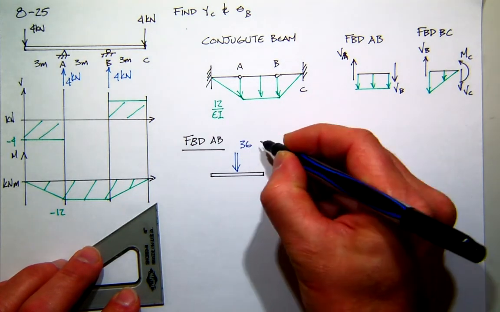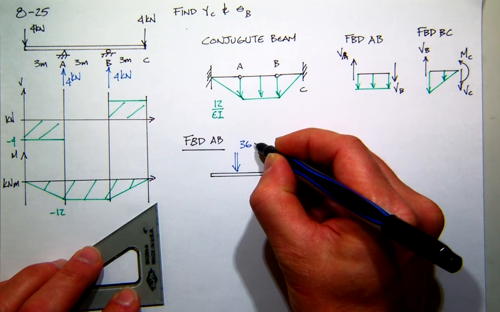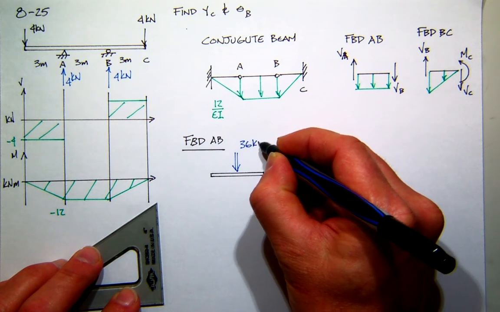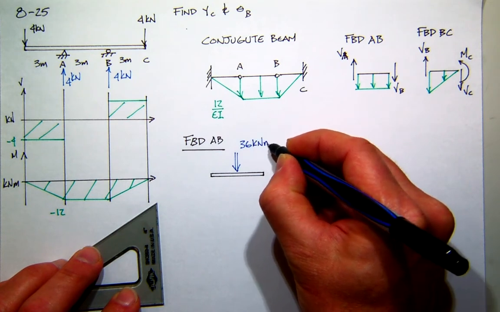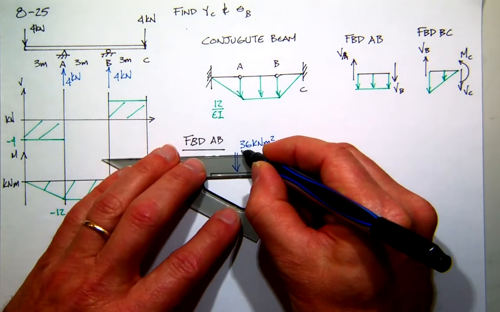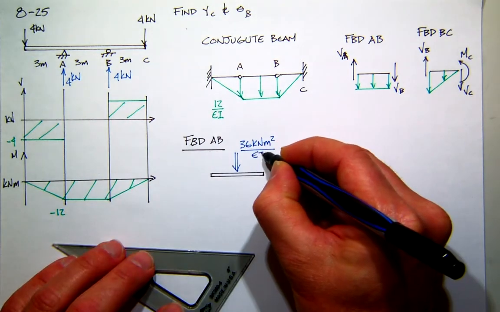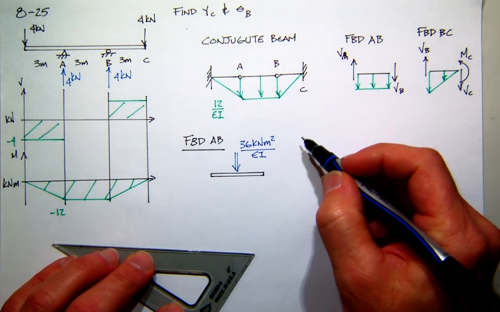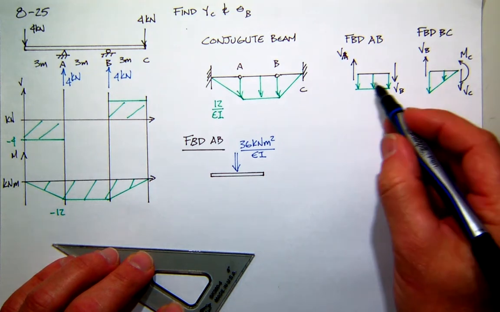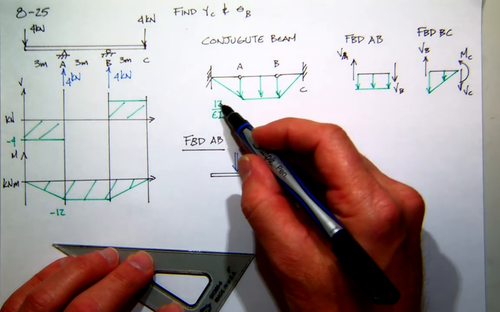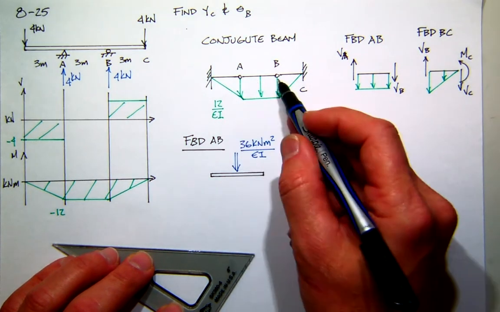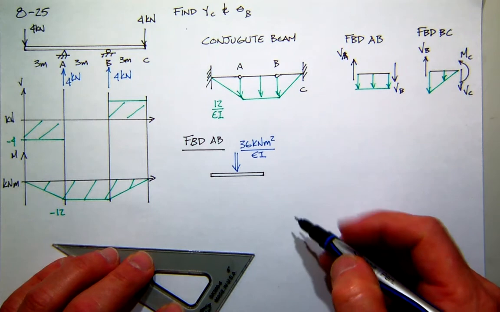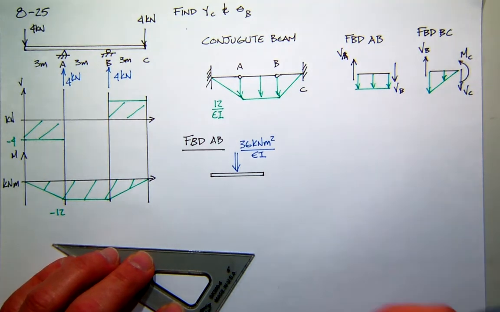So it's 36 kilonewton meters squared over EI. Because the height here is 12 kilonewton meters, and then you multiply it by 3 meters, I'm sorry.